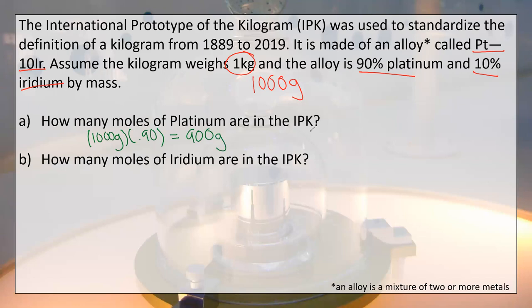And then I'm going to write down my favorite line and look at my periodic table to look at platinum, which has a Z number of 78, right?